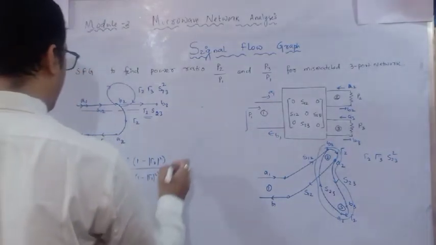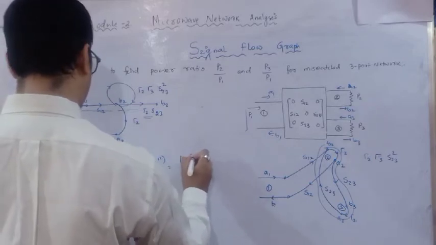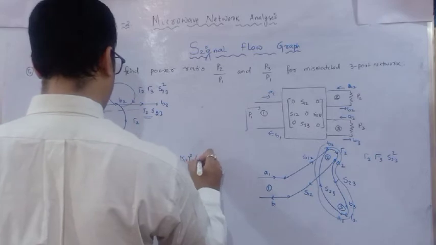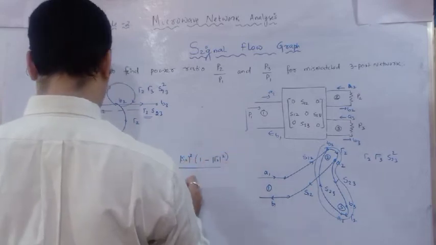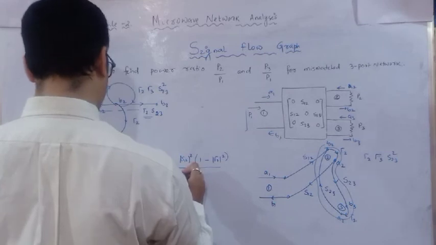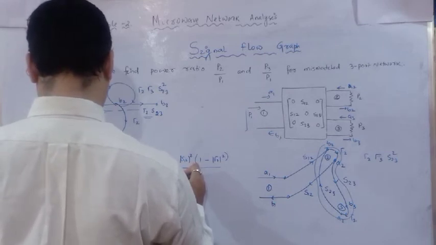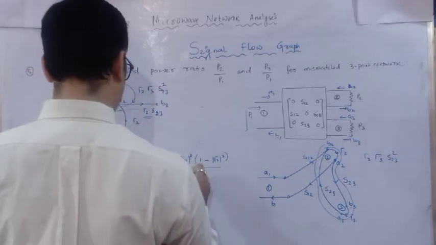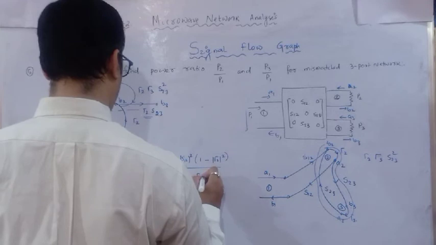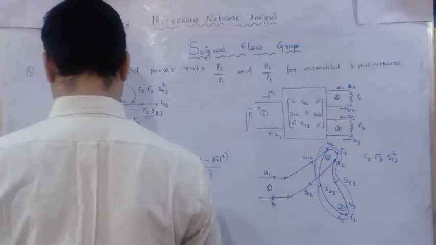Now B2 by A1, this I can write as S12 square whole into 1 minus reflection coefficient square divided by 1 minus reflection coefficient at the input side whole square, like this.